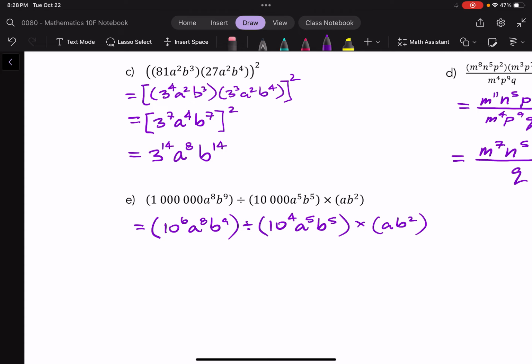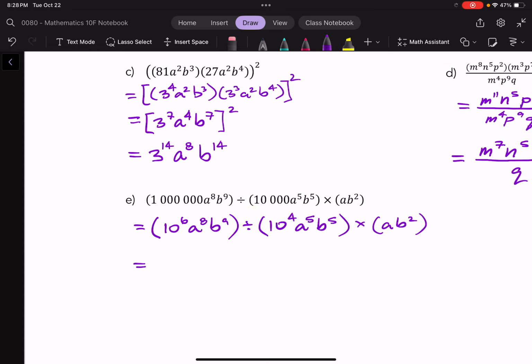Neat. Remember, when we have multiplication and division in the same line, we should be tackling them in order as they appear left to right. This division appears before this multiplication in this one line that we see. So that's what we're starting with, that division.